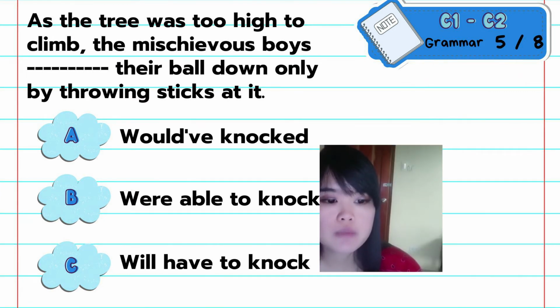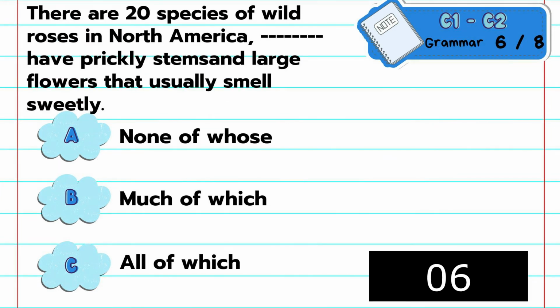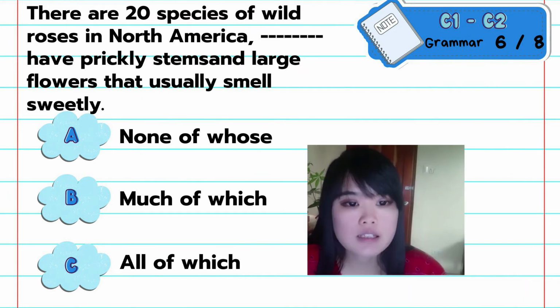B. Were able to knock. As the tree was too high to climb, the mischievous boys were able to knock their ball down only by throwing sticks at it. C. All of which. There are 20 species of wild roses in North America, all of which have large flowers that usually smell sweetly.